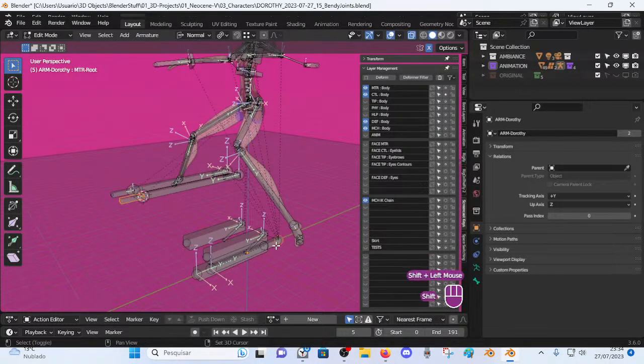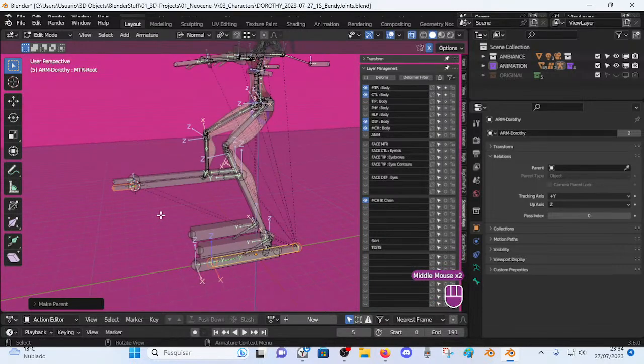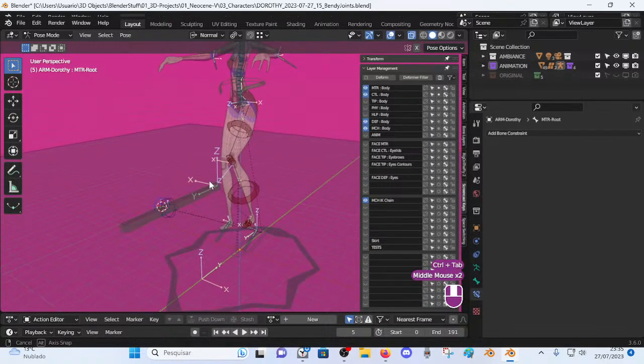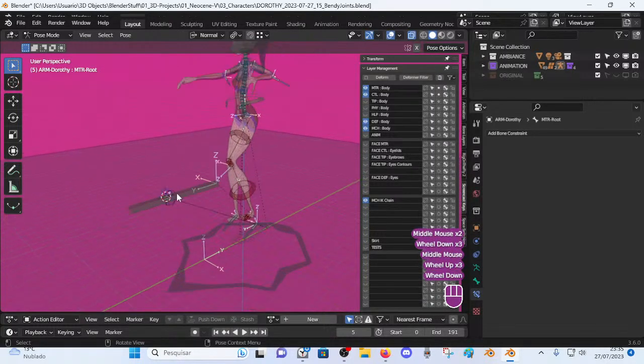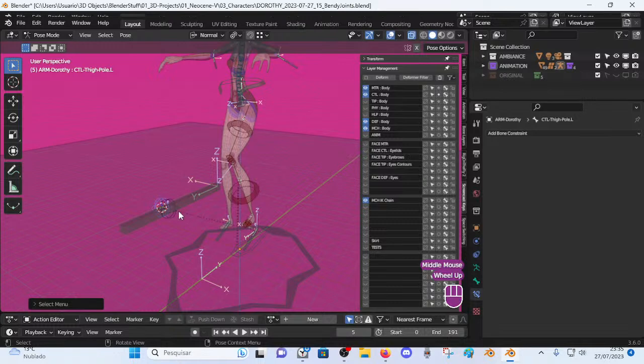Let's again parent it to the root bone, and let's get back here. I need to differentiate this. Now this is control type.